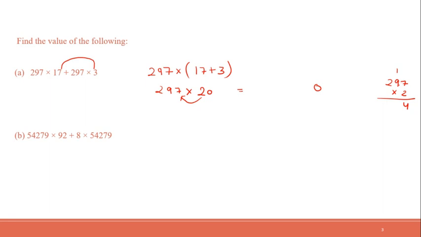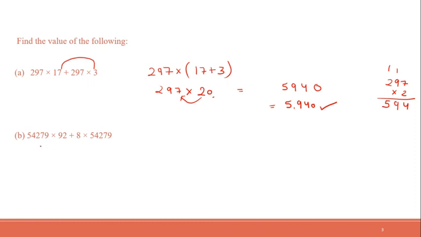Then 2 into 9 is 18, plus this 1, so 19, 9 here, 1 extra. 2 into 2 is 4 plus this 1, that means 594. 297 into 2 is 594, and this 0 because of this 0 here, right? So the answer is 5940.